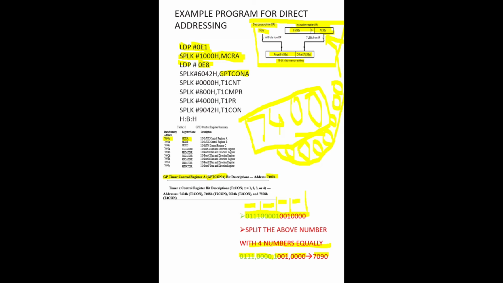Similarly, if you want to get the address for T1CON, the timer 1 control register, here it is mentioned as 7404. In the same way, proceed to find T1CON and give a comment whether you are getting 7404 with the help of 0E8, because this 0E8 is common for all these registers. So the 9 bits are common. The remaining 7 bits come from the address 7404, where the 04 gives the last 7 bits; you just add that with 0E8.